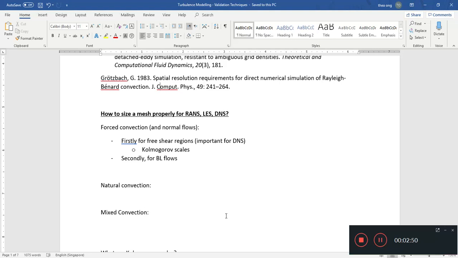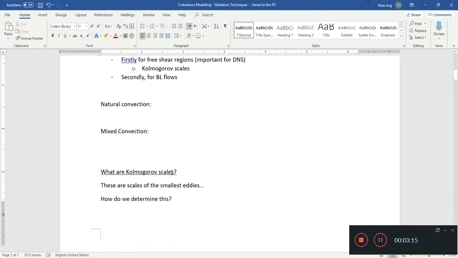Anything to do with natural convection would go into the realm of heat transfer already. You don't use exactly the same guidelines for natural or mixed convection, but we'll talk about forced convection first and use that as a reference to compare mesh sizes for the different kinds.